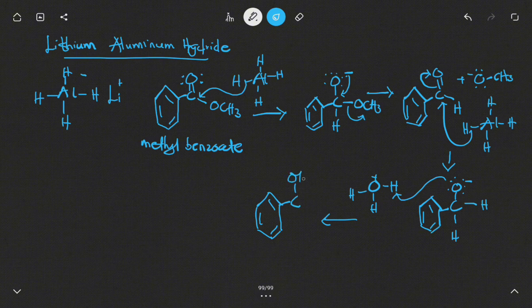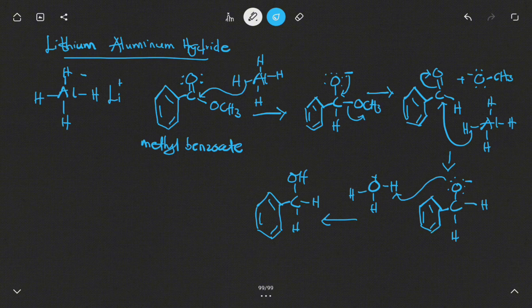Now this is the OH, and then the 2 hydrogens attached. All right, so this is the alcohol. It's now a primary alcohol.